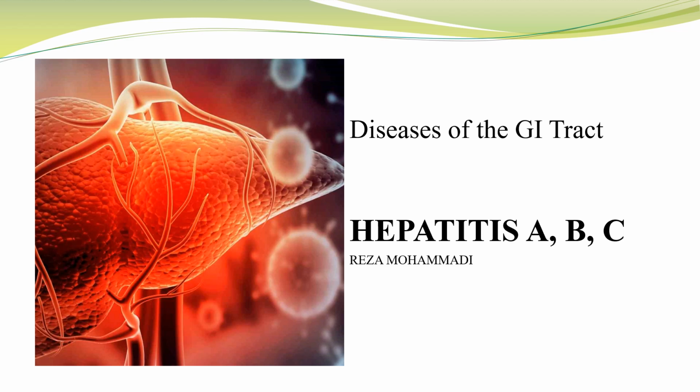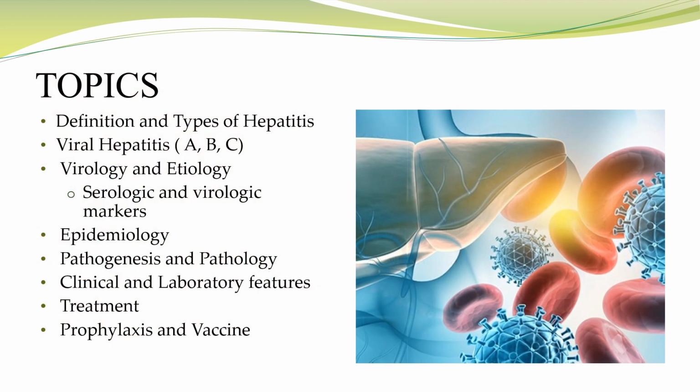Today I'm going to talk about hepatitis A, B, and C. I'm going to talk about the definition and types of hepatitis as a general term, and specifically on viral hepatitis A, B, and C, and the virology and etiology of the disease, and also talking about epidemiology, prevalence, and incidence of different kinds of hepatitis, pathogenesis and pathology of hepatitis, and also clinical terms and laboratory tests of hepatitis.